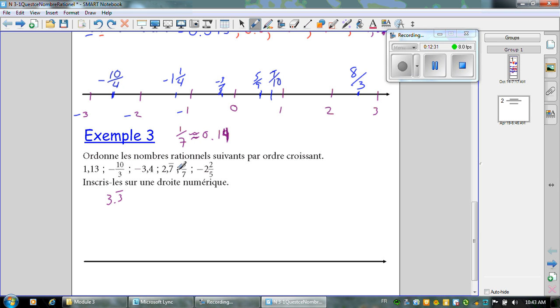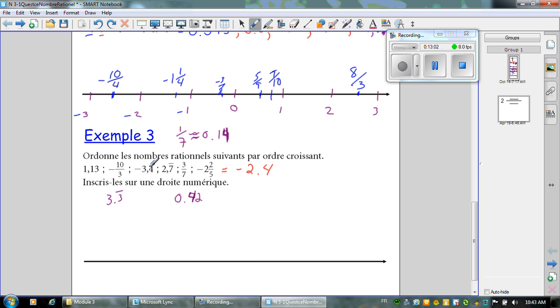So 3/7 is about 42 hundredths. The last one is 2/5. 2/5 of a dollar is 40 cents, so it's 2.4, or 2 4/10.